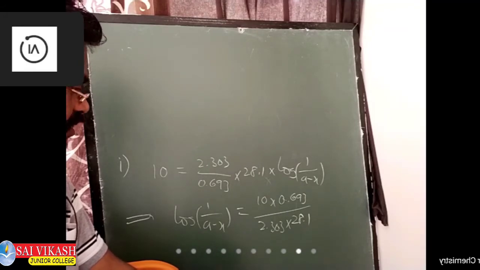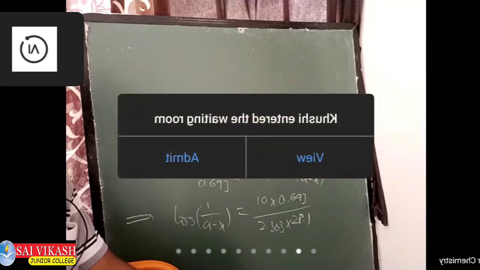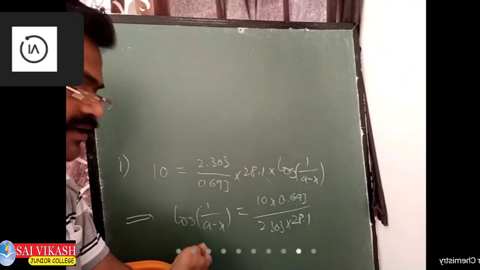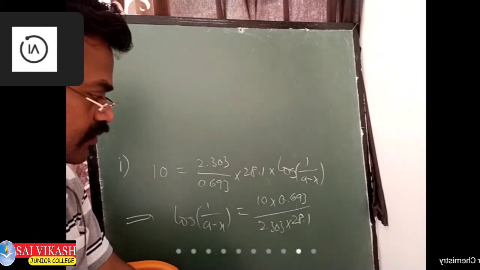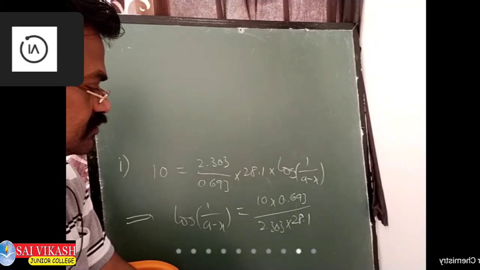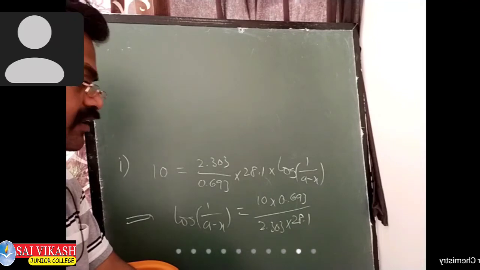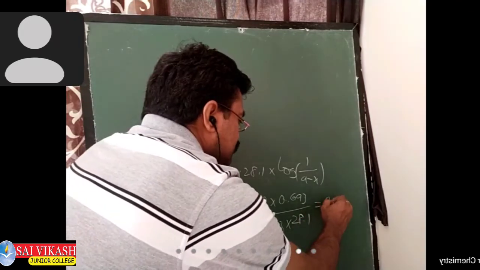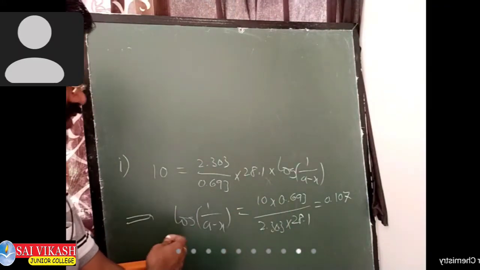0.693 by all. Or if you do it later, that is also fine. We have to take the antilog, 1 by a minus x will come, then the a minus x value will come. If you want to do it now, tell me quickly and we will work out the answer. 0.107 is this value, the log of this value.